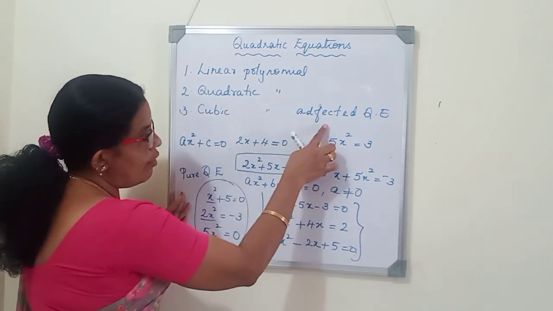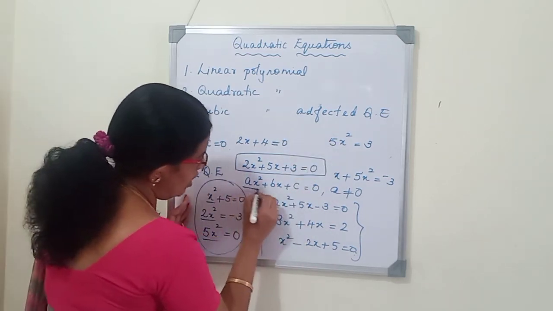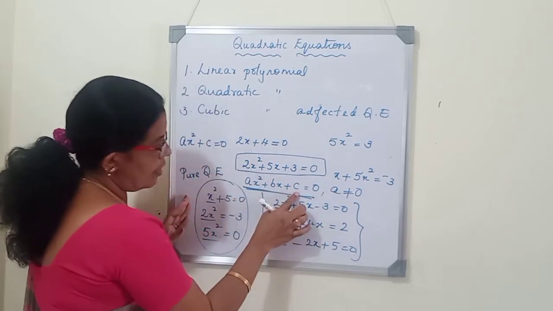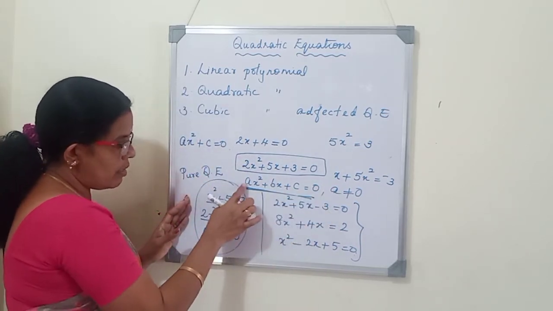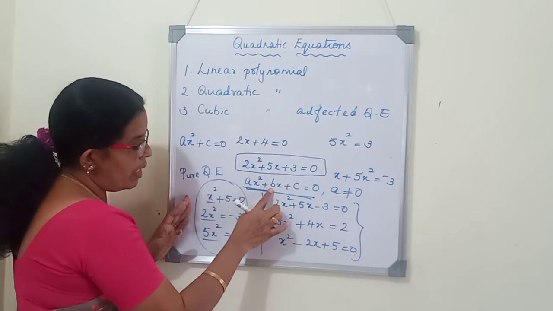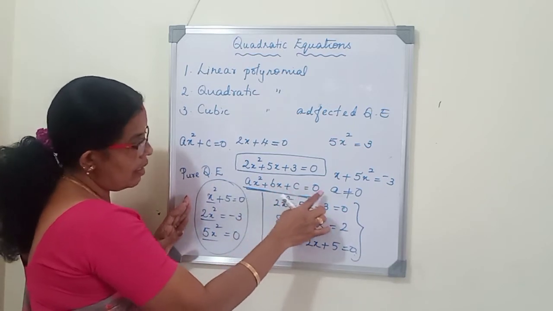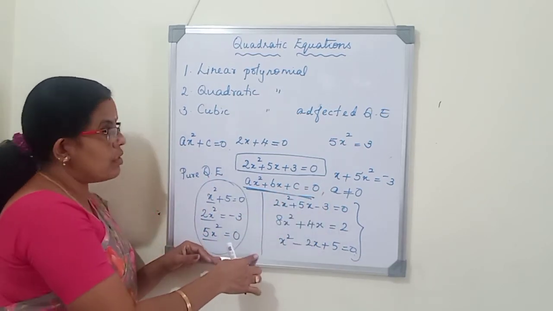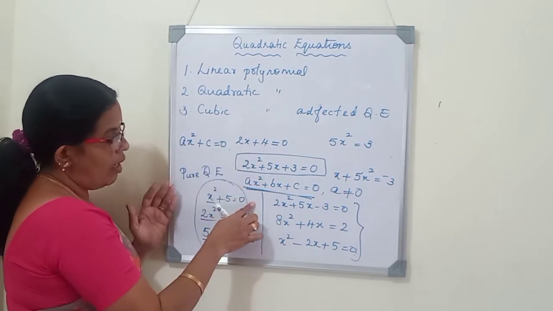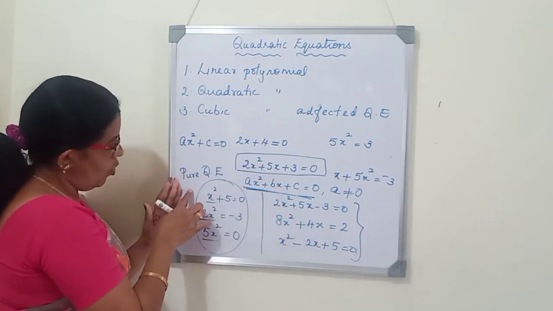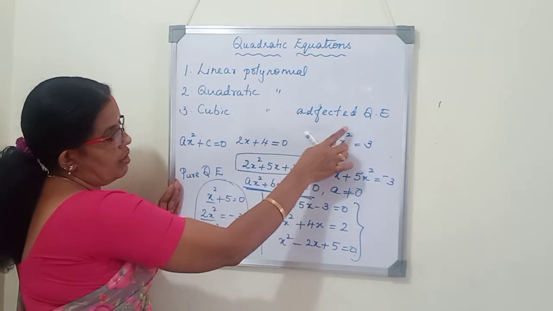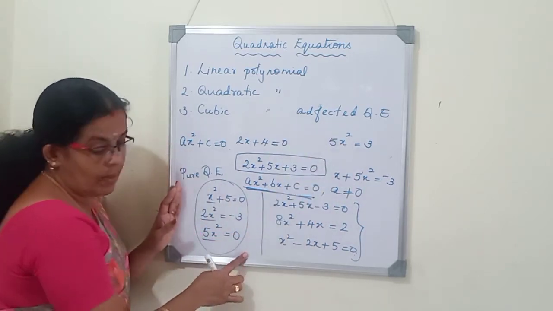But the general form of an adfected quadratic equation is ax square plus bx plus c equals 0. a is the coefficient of x square, b is the coefficient of x and c is the constant. I think you understood what is a quadratic equation and what is the general form, what is a pure quadratic equation and what is an adfected quadratic equation.